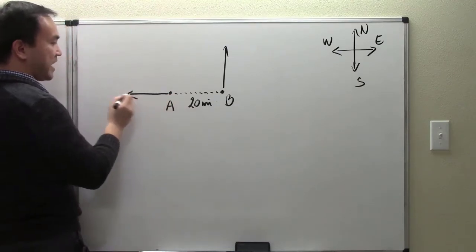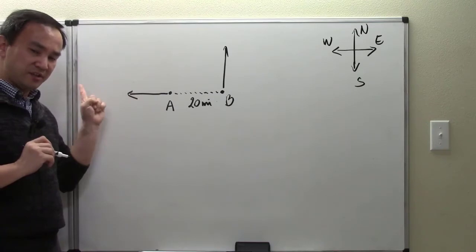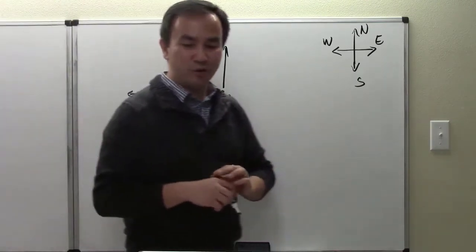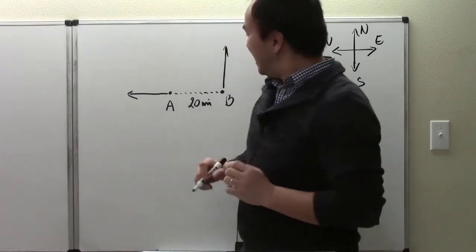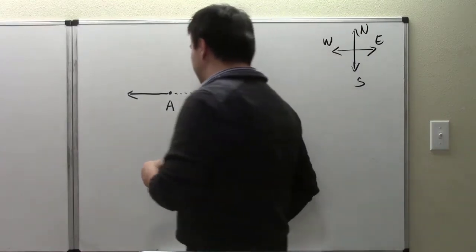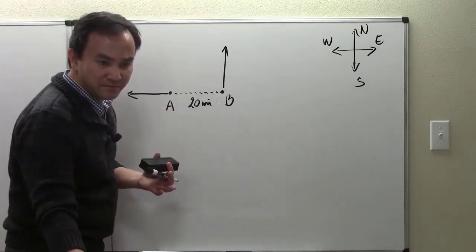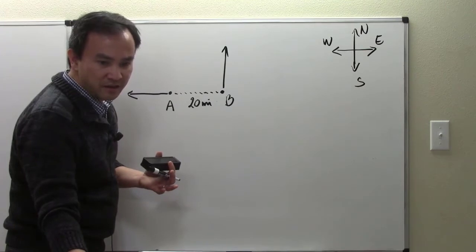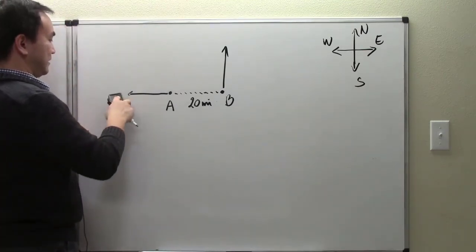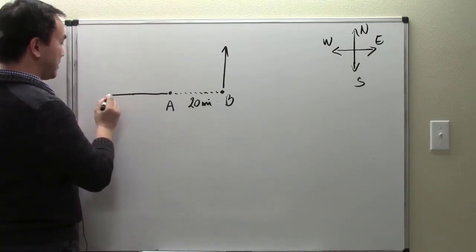That means ship A continues to travel further into the west and getting further away from B, and B is heading up that way, heading north. My arrows are a little misleading, but ship A is actually sailing a little faster than ship B, because ship A is sailing at the constant speed of 25 knots.